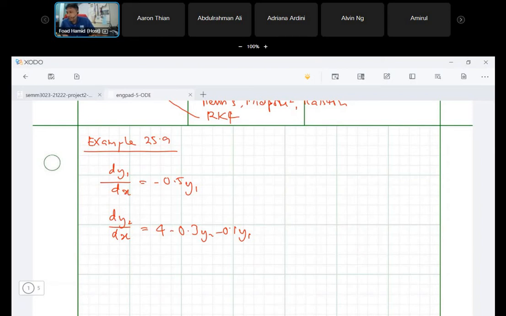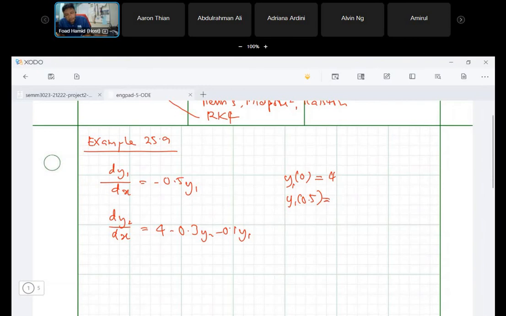initial conditions. And the initial conditions are, okay, y1 at x equal to 0 is equal to 4, and y1 at 0.5 is equal to 3.